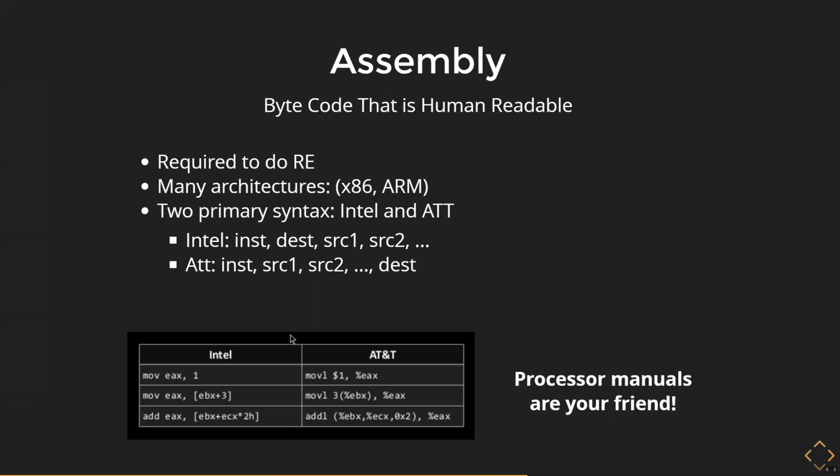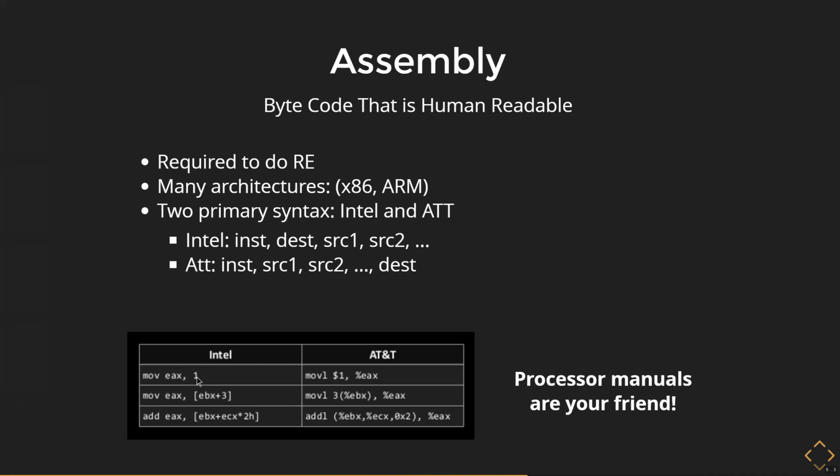Some examples of this: we're going to dissect the move instruction. In Intel we have mov EAX, 1, and in AT&T we're going to have movl $1, %EAX. What's the difference?